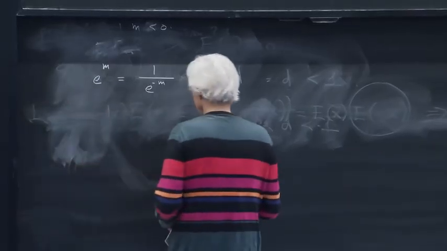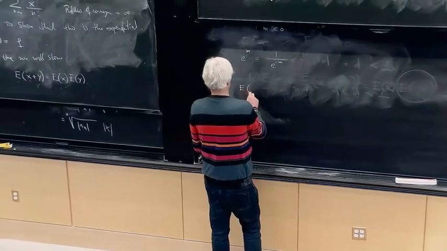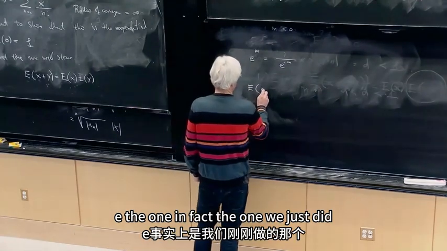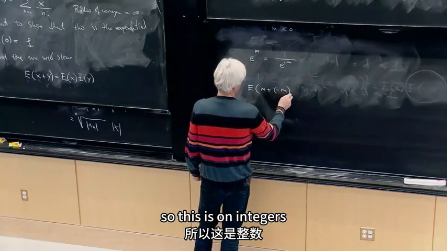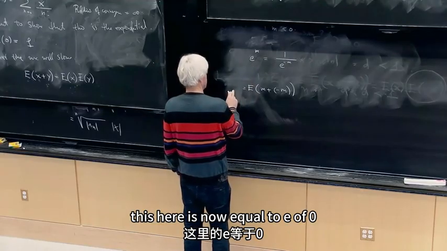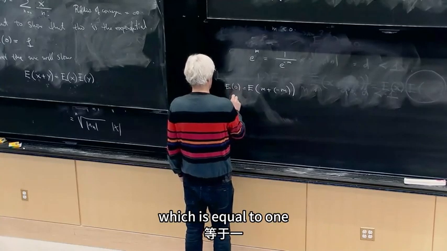Now, using this relationship here, the one we just did, so this is on integers, E of 0 is equal to 1.